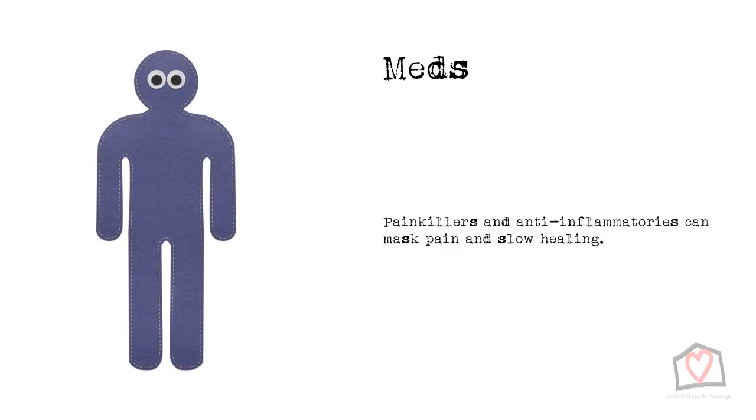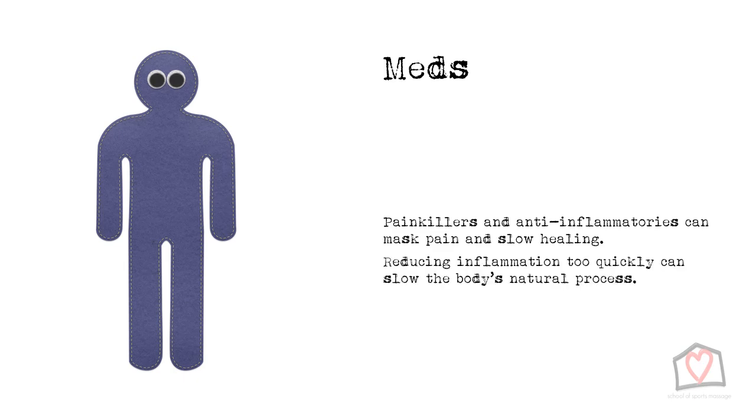Other factors include medication. Painkillers and anti-inflammatories can mask pain and actually slow healing as people stress the area too much. By reducing inflammation too quickly, you slow the body's natural process. Side effects from some medication may also slow healing.